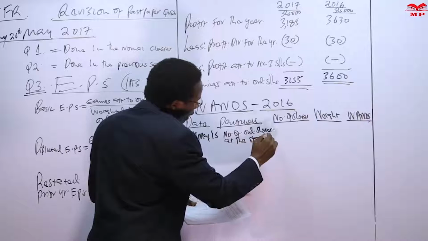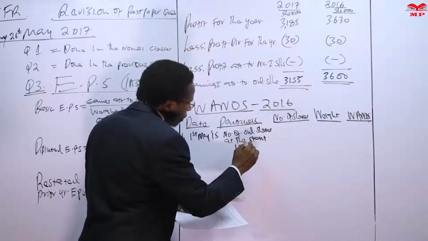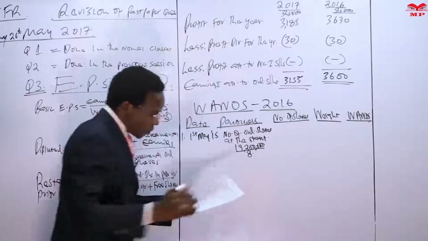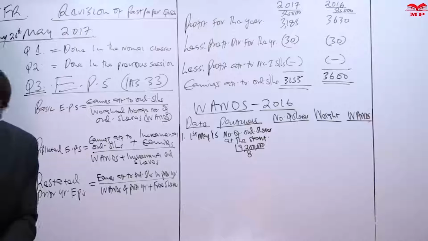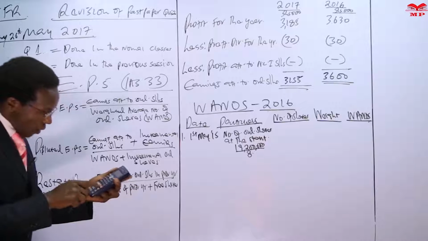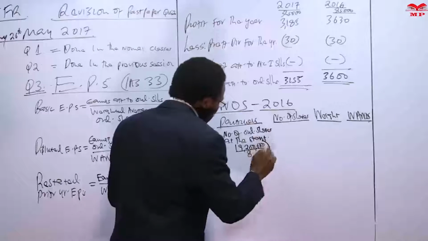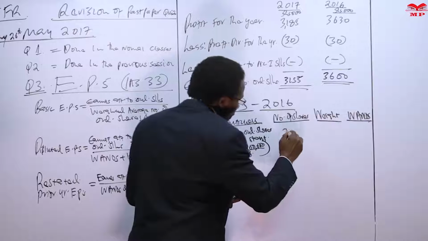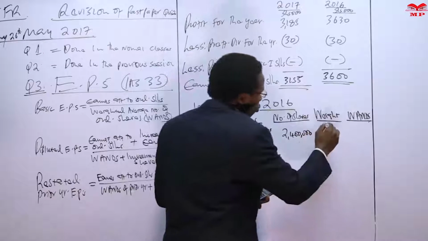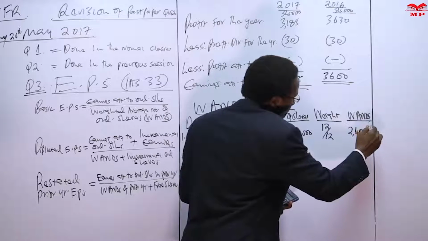It was not given directly, but we have the total, that is 19.2 million. You divide it by 8 bob. So how much would that come to? I take 19,200 divided by the 8 shillings. That's 2,400. The weight is simply 12 over 12, so that will remain 2,400.